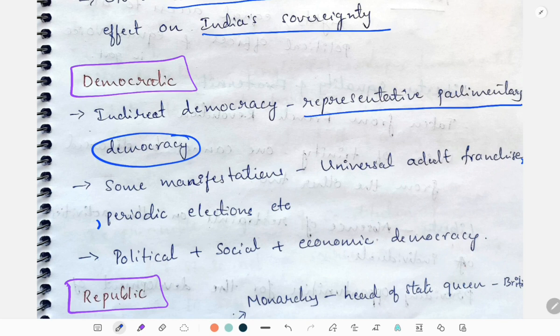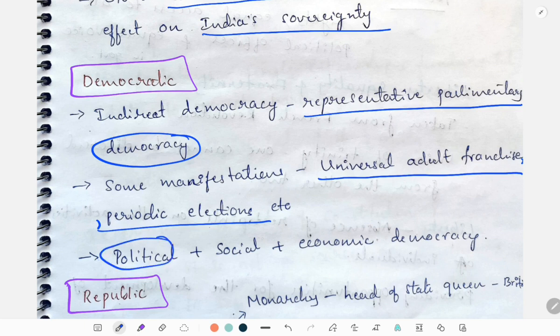Some manifestations are universal adult franchise, periodic elections, and the combination of political, social and economic democracy.